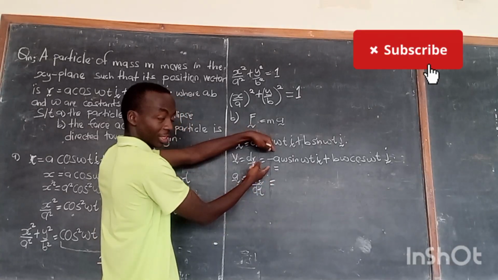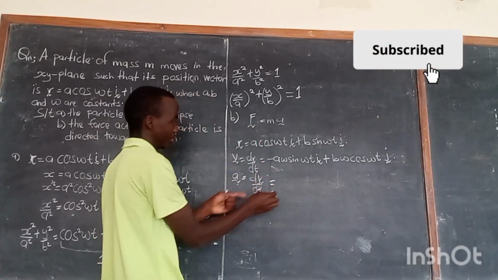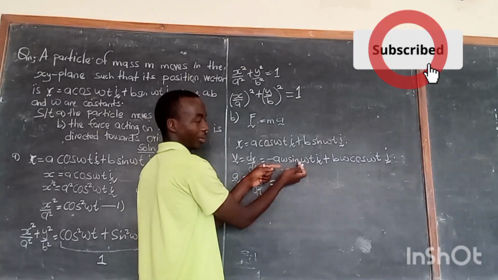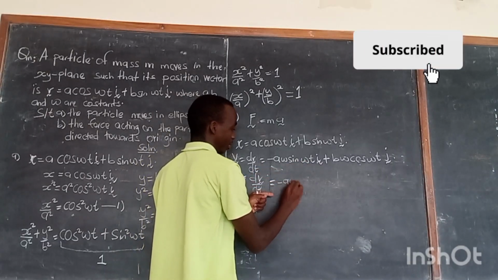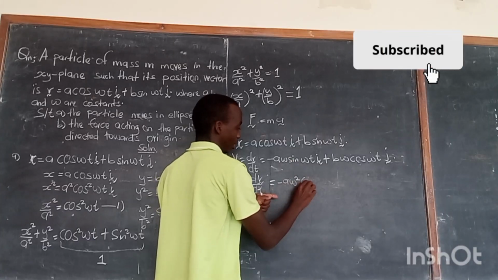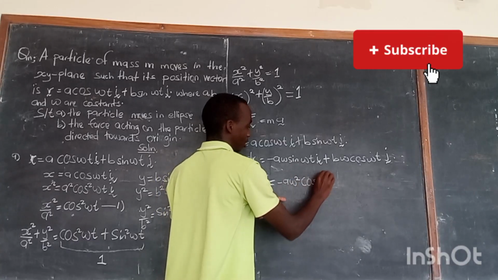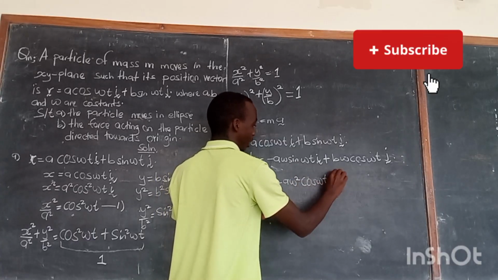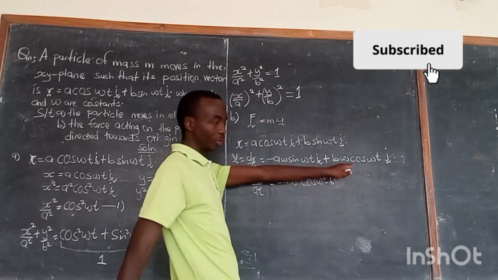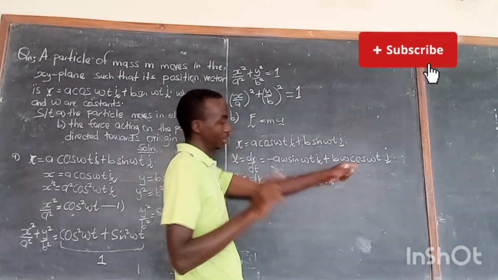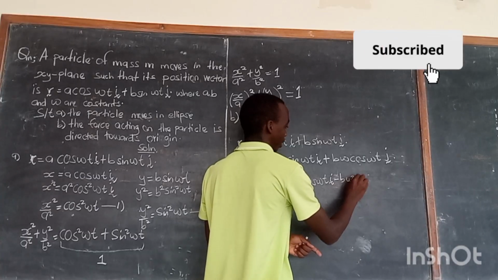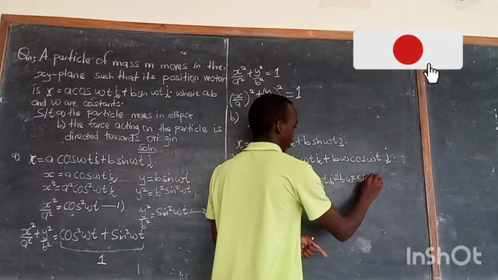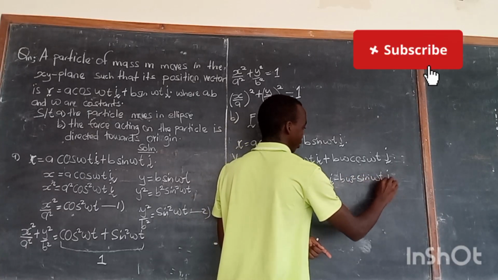Now we are differentiating this. When we differentiate this, omega comes out, so we shall have minus a omega squared cos omega t i. Then when we differentiate the sine, we get cos, and differentiating again gives a minus sign. So it will be minus b omega squared sin omega t j.